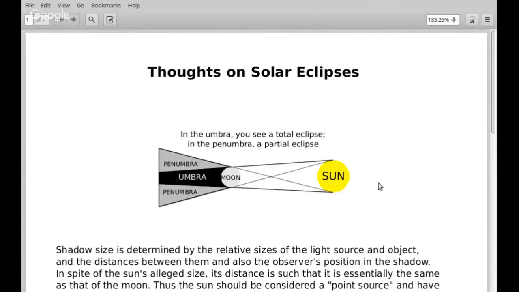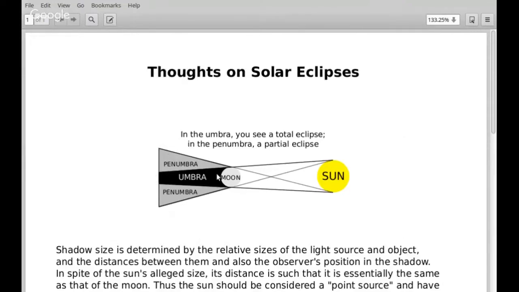And you can see there that the relative sizes and the distance between, there's three things here. The one is the sun, the second is the moon, and the third, of course, is where the shadow lands. I probably should have drawn something here to say that this is a surface that the shadow is hitting.